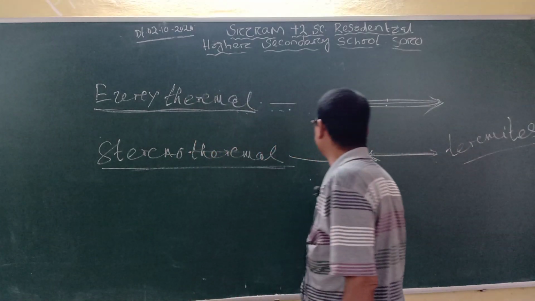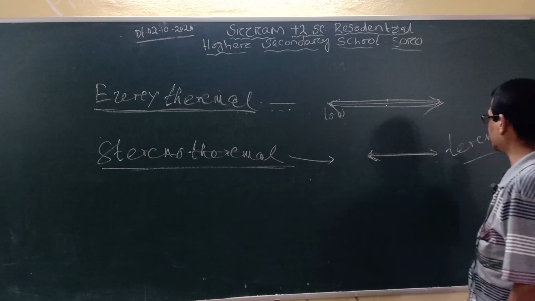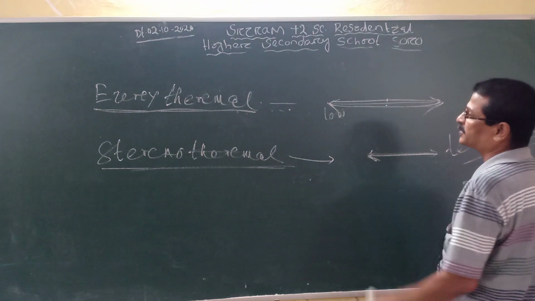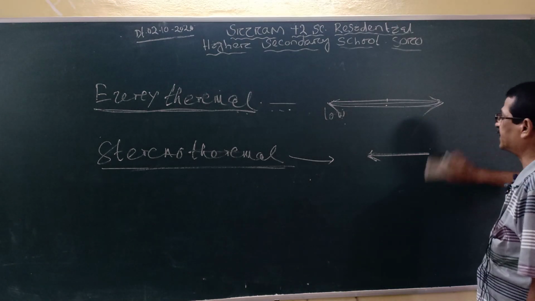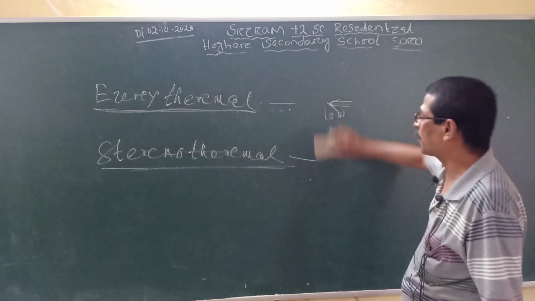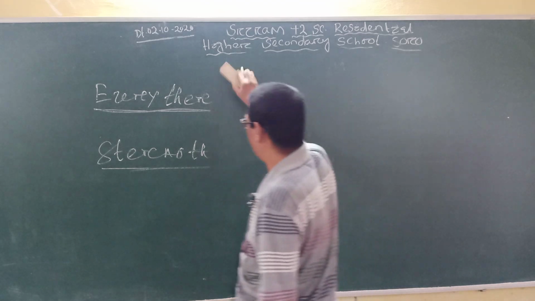Sternothermal means the animal who can tolerate a very narrow range of temperature variation or fluctuation. These are called eurythermal as well as sternothermal animals.